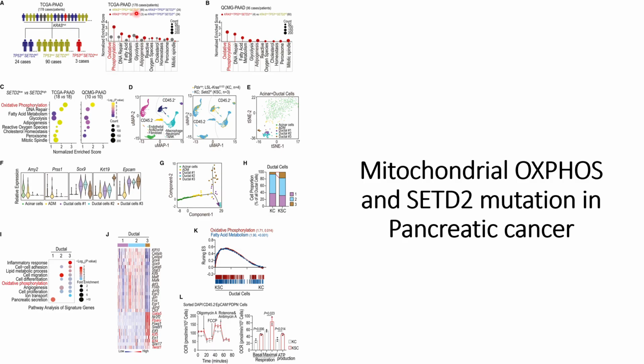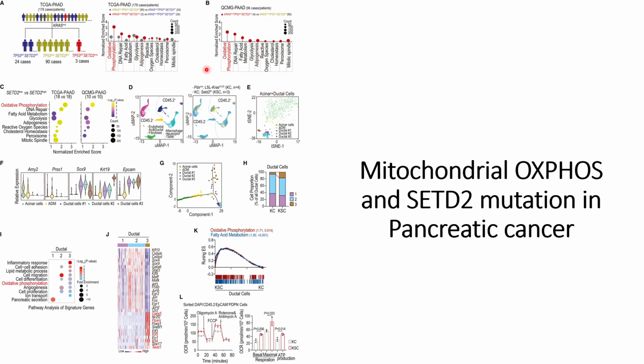Whereas in the case of SETD2 wild type, they do not see a significant increase in oxidative phosphorylation. They did the same on the QCMG PAD patients, from 96 patients, and found similar results. That is, when SETD2 mutations occur, they see enrichment of oxidative phosphorylation, whereas not in the case where SETD2 is wild type and TP53 mutations are present.